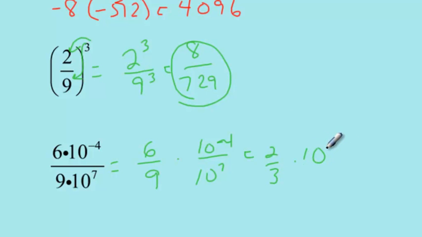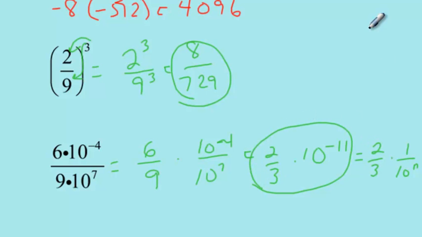Now, negative 4 minus 7 is negative 11. We can leave it like that, or we could put it on the bottom and say 2/3 times 1 over 10 to the 11th. We're going to keep it like this because, again, that's scientific notation. We'll talk a little bit about that as we get going on.